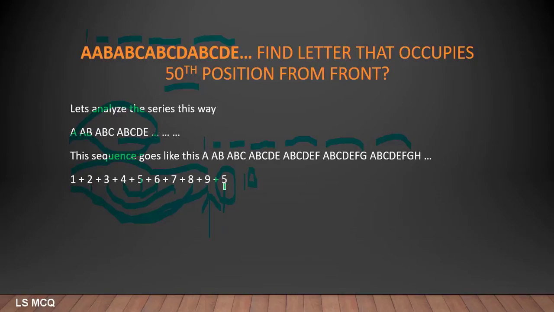The next terms start from A, B, C, D, E, F, G, H, I, J, and that's where it will end, but we are going up to 50. So in that sequence, the character in the 50th position is E.